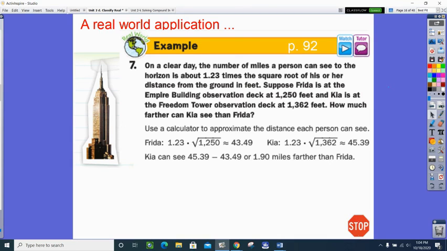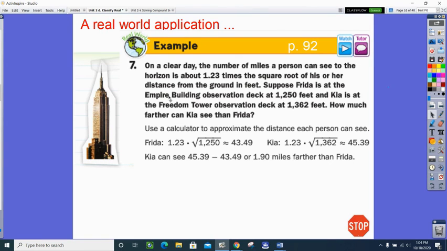So the higher you go up, the further you can see towards the horizon. I mean, that makes sense. And they've figured out that this little formula here, 1.23 times the square root of how high you are off the ground in feet, will tell you how far you can see, given that it's not a stormy day.